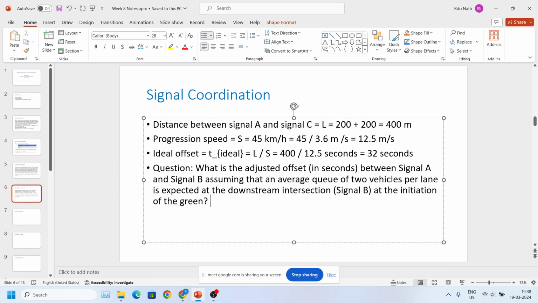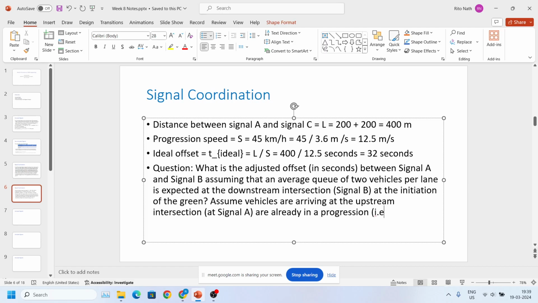and then you can assume vehicles arriving at the downstream intersection, that is at signal A, are already in preparation.